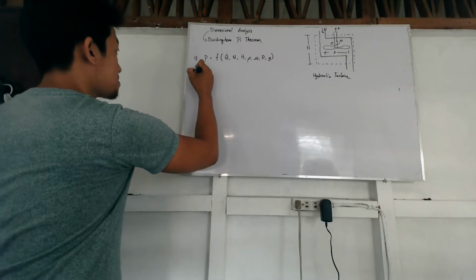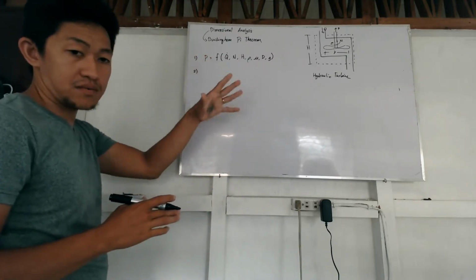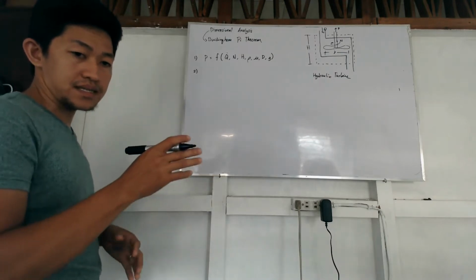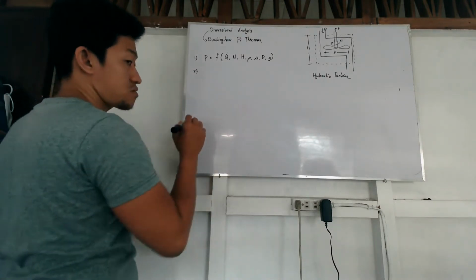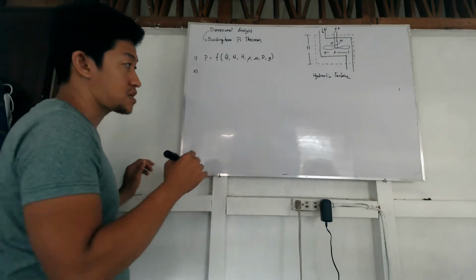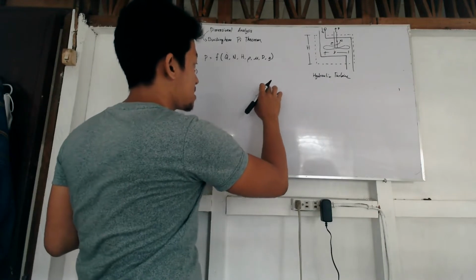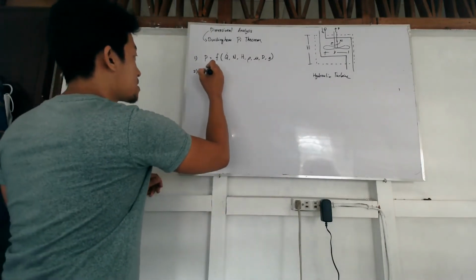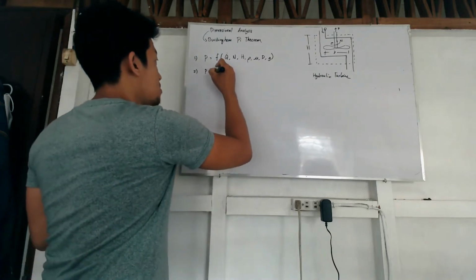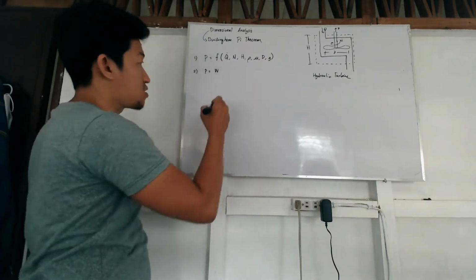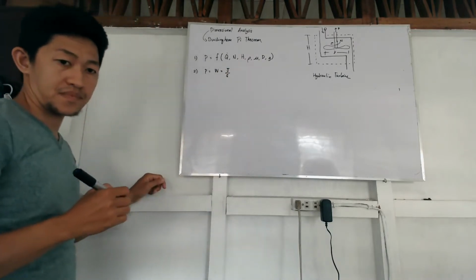Now, the second step is to express these variables into fundamental dimensions. What do I mean by fundamental dimensions? Say for example, power. The unit of power is watts or joules per second.